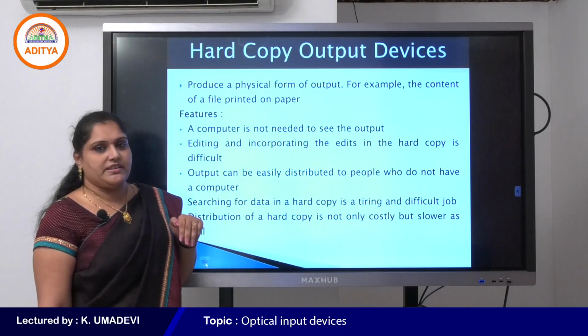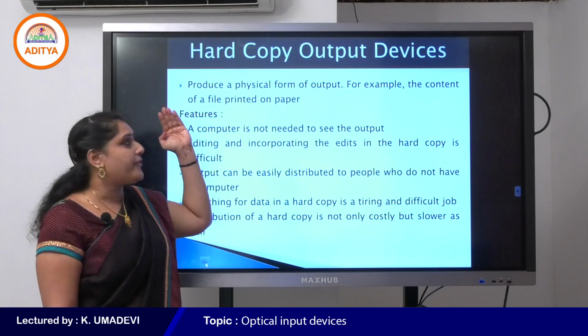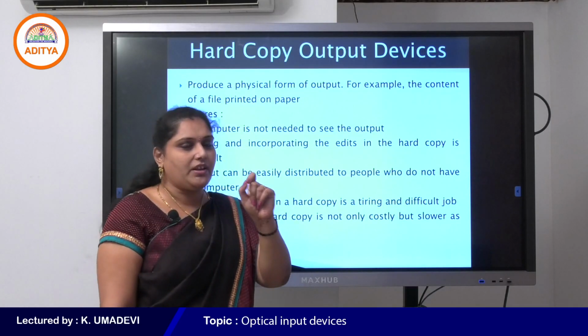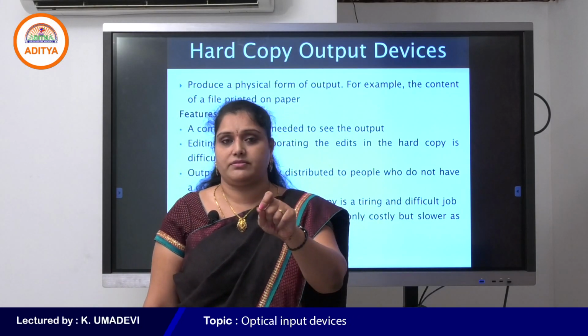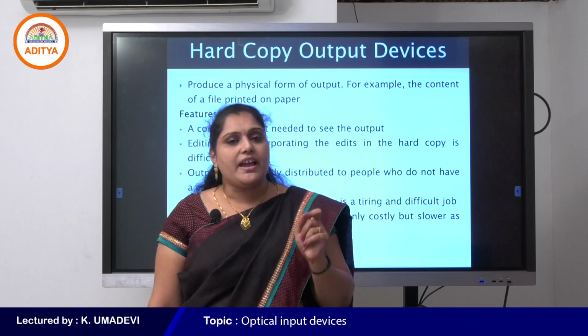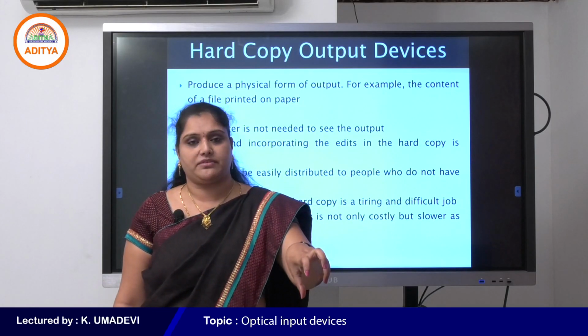Hard copy output devices. What is hard copy? It produces a physical form of output. Yes. So what is soft copy? A soft copy device produces an electronic version that is displayed on the screen, whereas a hard copy produces a physical form of output.